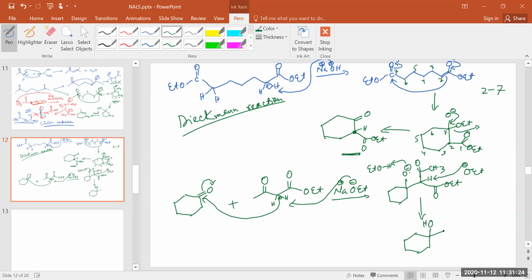OH, here you have a negative charge on carbon, and this carbon has the acetyl group as well as OEt. Okay, so now as a conjugate base, like E1CB mechanism, this will be gone. So the product will be like this.